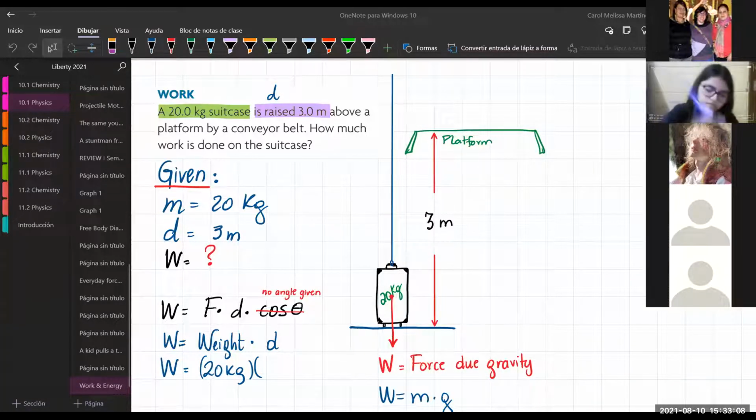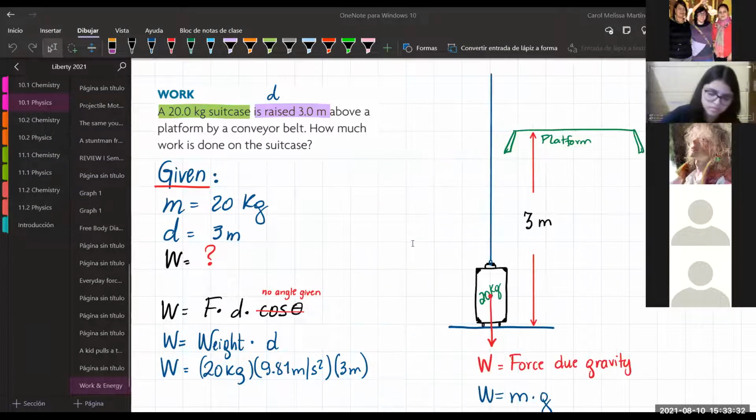So mass times gravity times the distance that the suitcase is lifted, that is 3 meters. How much is this? 188.6.